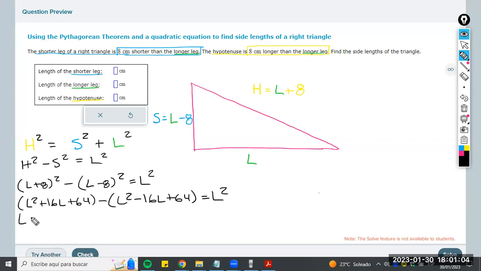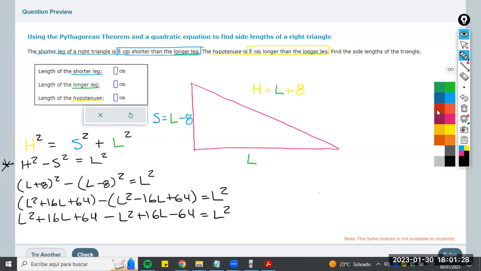Okay, so this is why I did this step previously, because this negative sign is going to change the sign of this second binomial squared, and it will be easier if we have all of this already on the same side.